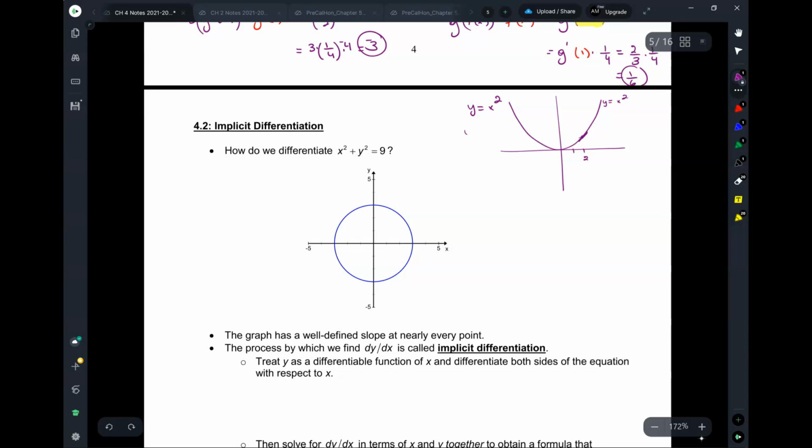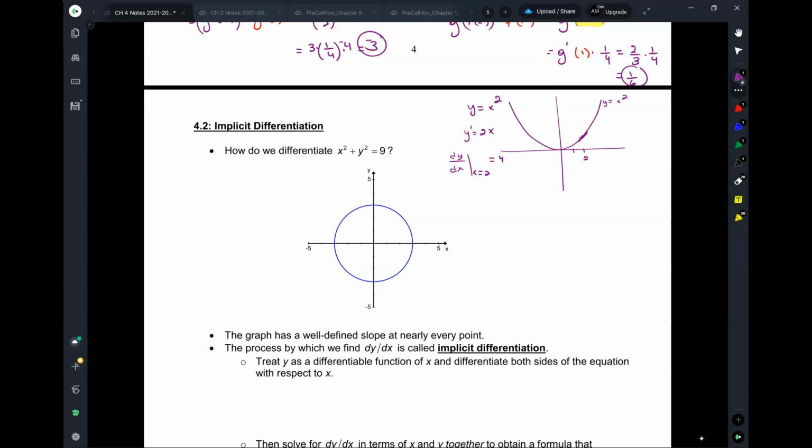Algebraically, y prime is 2x. So dy/dx evaluated at x equals 2 is 4. Do you see how it was kind of straightforward? I went to where x equals 2, I found the graph, and I took the derivative there.